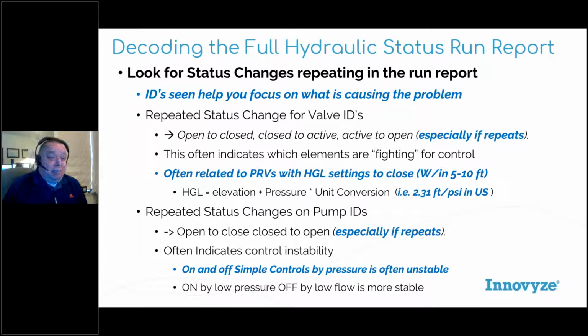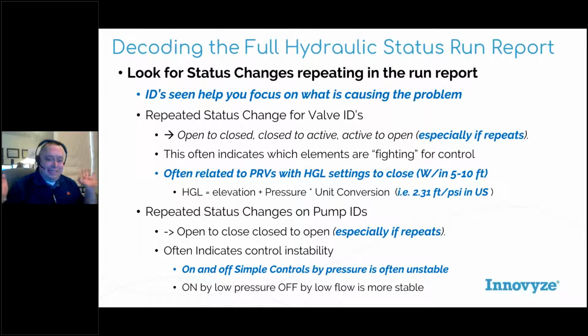Like I said, if you see PRVs, especially active to open, open to active, active to open, open to close, just cycling through those over and over all the way up to maximum trials, generally that's a pretty clear indicator those things are fighting each other. What usually causes that is the hydraulic grade line, which is the elevation of the element plus its pressure converted from pressure units to HGL units.